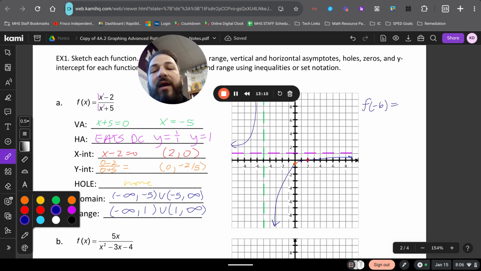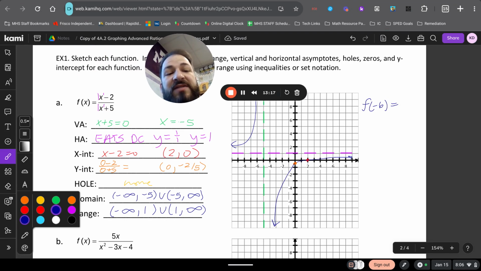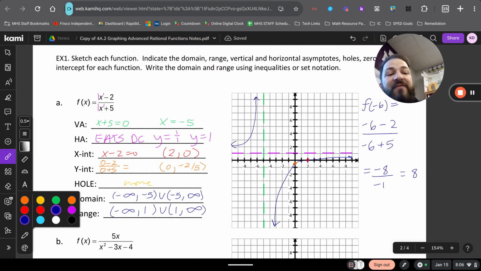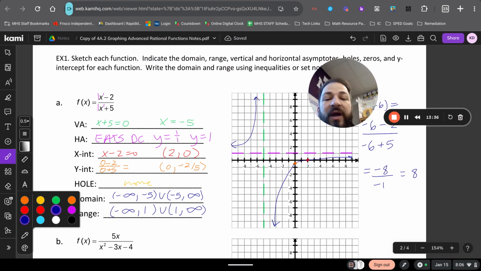So we're finding our function evaluated at negative 6. So negative 6 minus 2 over negative 6 plus 5. Negative 6 minus 2 is negative 8 over negative 6 plus 5 is negative 1, which would give me 8. So that means I have the point (negative 6, 8) on my graph. So I'm just going to plot that one for us.